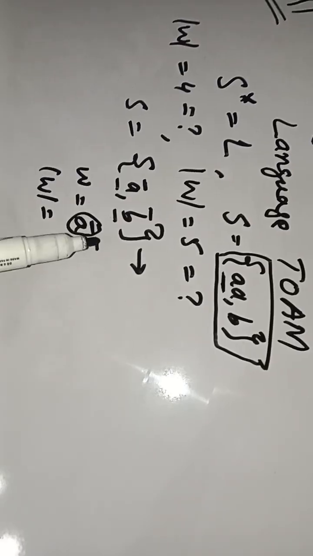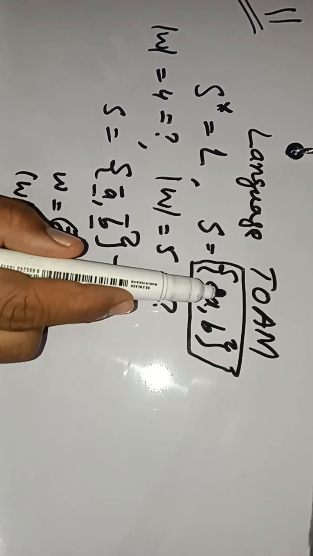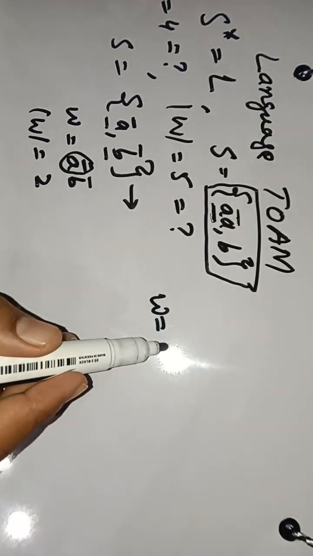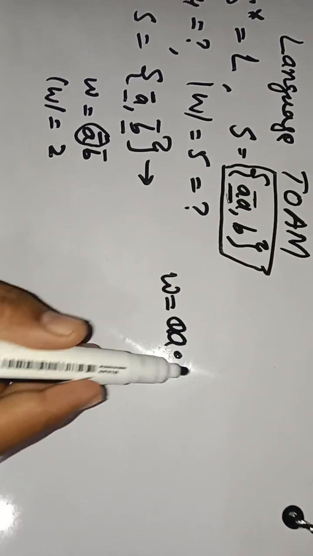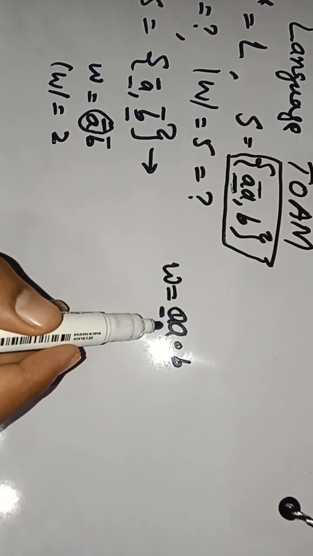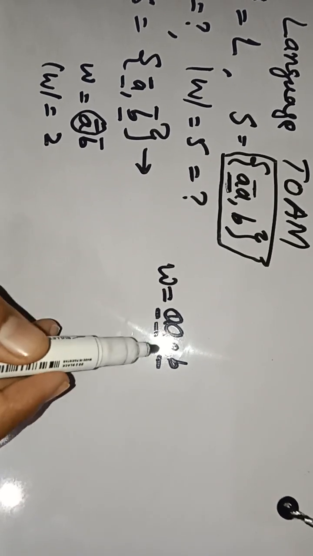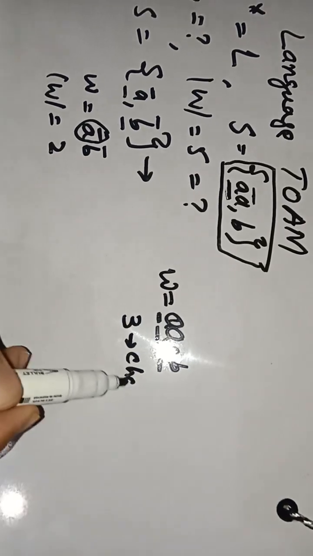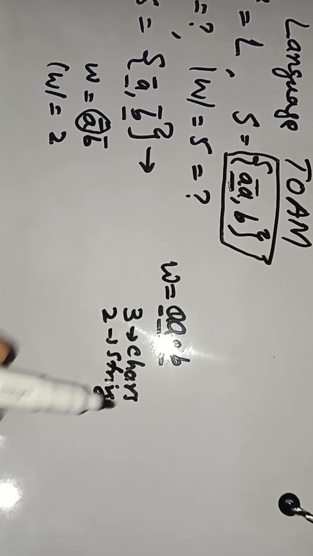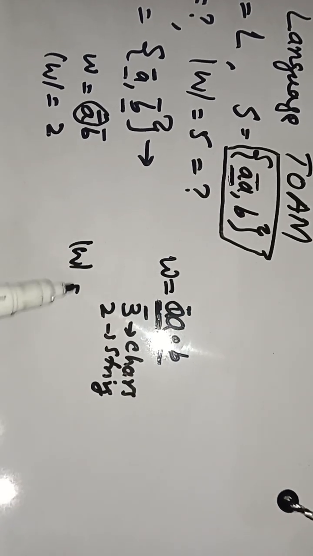Now the solution of this problem can go in 2 directions. If we consider each letter as a character, then there would be 3 characters in the string formed by AA concatenated with B, but there are 2 strings we are going to form the word from. So if we consider A as a character, the length of W would be 3.